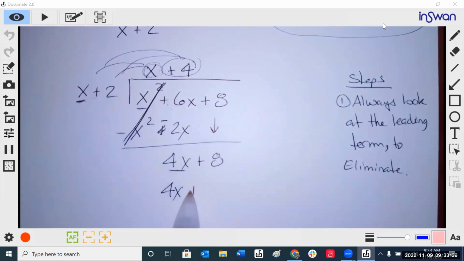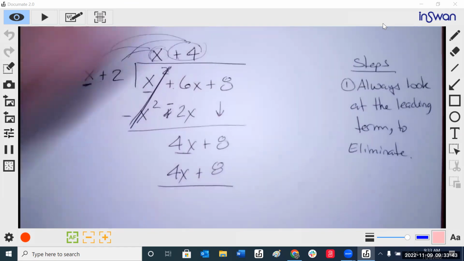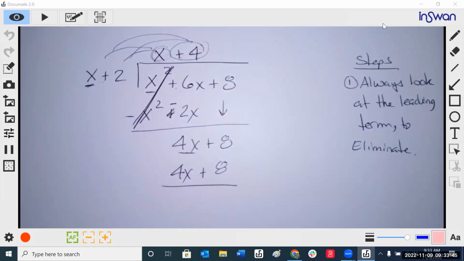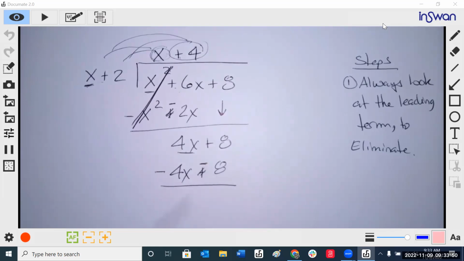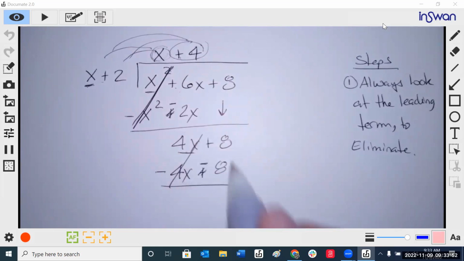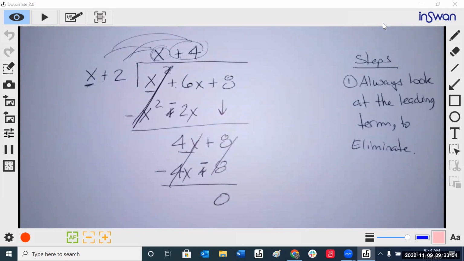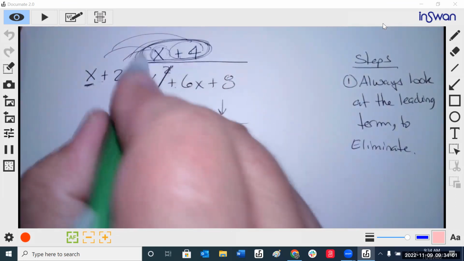Positive, positive is a positive. 4 times 2 is 8. What do I do next? Change signs and add. 4 minus 4, 8 minus 8. So what's my answer? X plus 4.